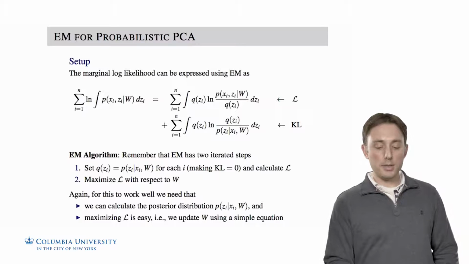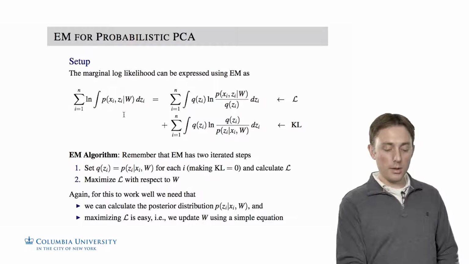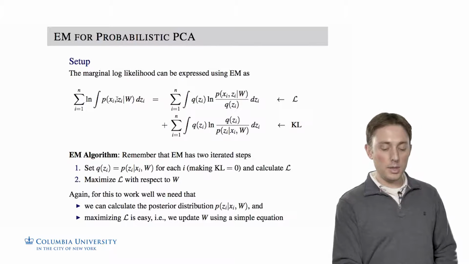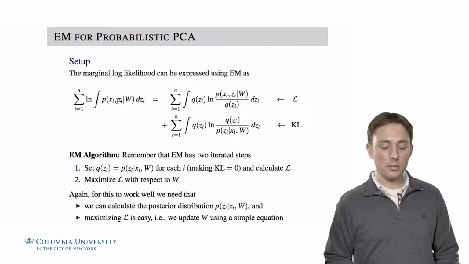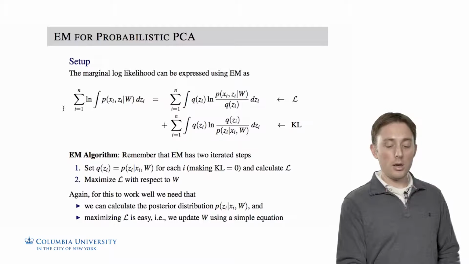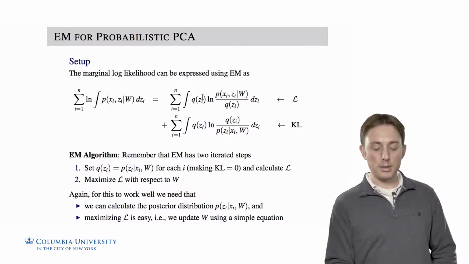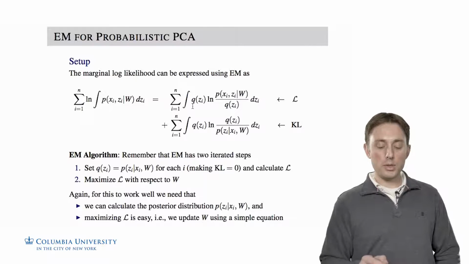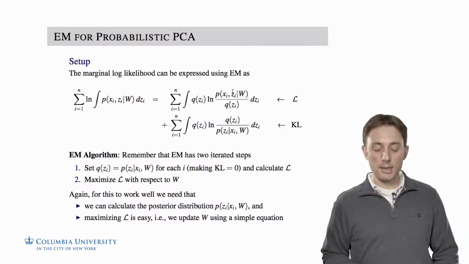So to do this, again, we have to set up the EM equality. We have the marginal likelihood here, and so I'm writing the marginal likelihood we want to maximize over W as an integral over Z. So Z is actually integrated out here, but I want to show explicitly that it's being integrated out. This marginal likelihood, which is hard to optimize over W, is equivalently represented by the sum of these two terms. So this left-hand side is equal to the right-hand side, where now I have introduced a Q distribution on each of these vectors Zi, and notice here the joint likelihood of Xi and Zi together.